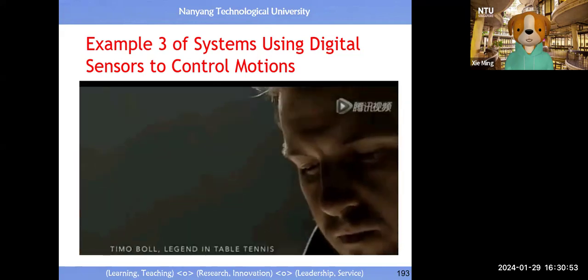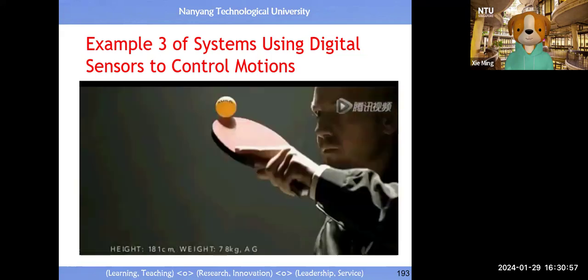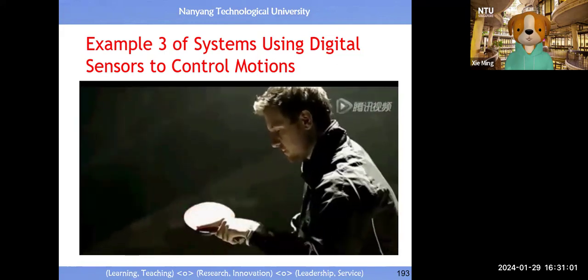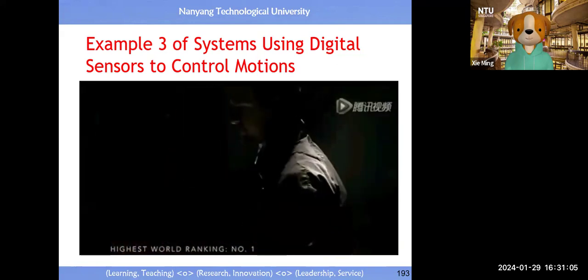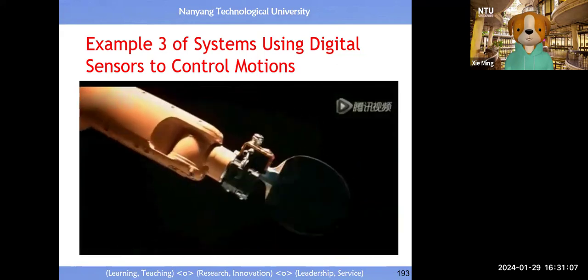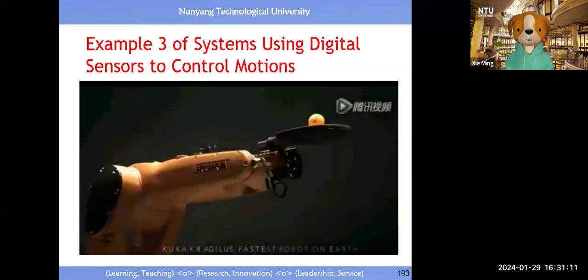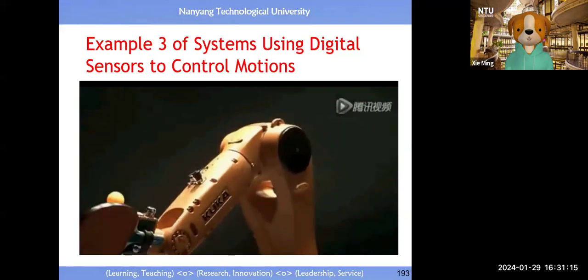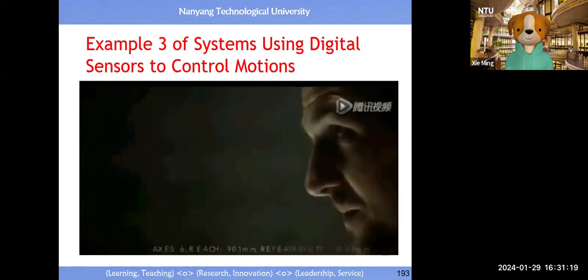You see the robotic arm performing a very complicated motion. How can the robot do that? You have a feedback control loop, and inside the feedback control loop you have a digital sensor, so you must have the capability to interface with it. You see this robotic arm has a digital sensor inside.